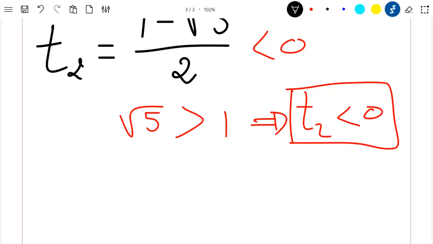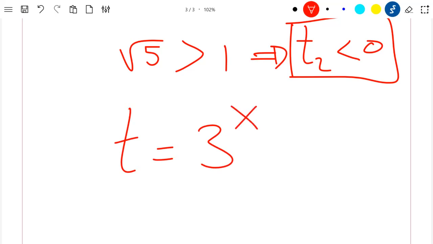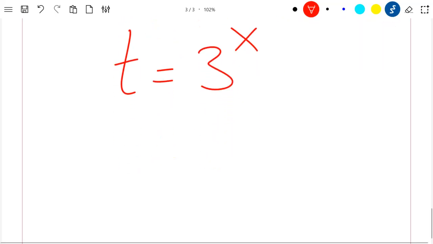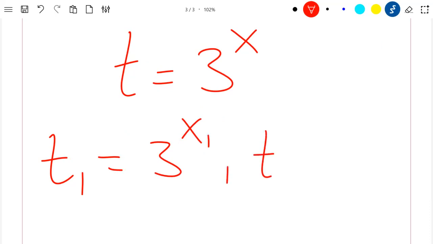Now if I replace the value, I know that my t was equal to 3 to the power x. So my t1 and my t2, I can rewrite them as t1 equal to 3 to the power x1, which is the first solution, and t2 equal to 3 to the power x2, which is the second solution.